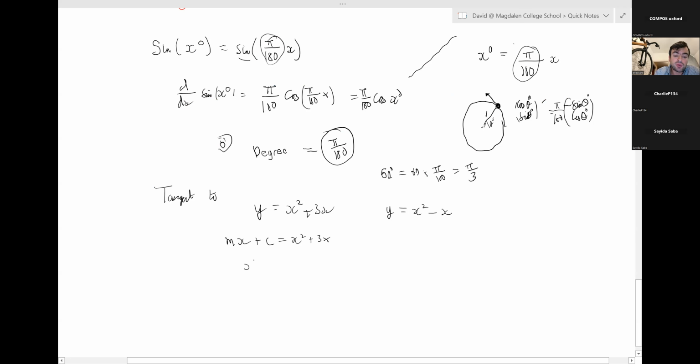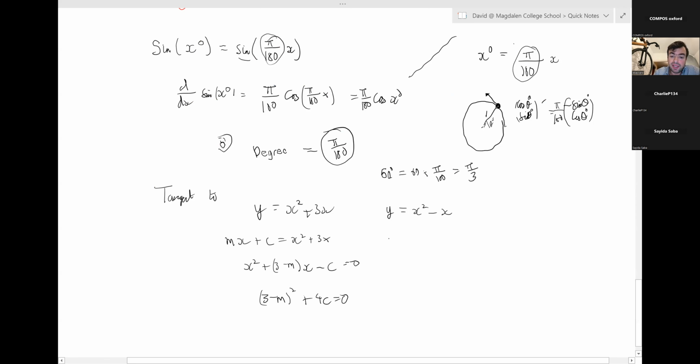So we've got x squared plus (3 minus m)x minus c equals 0. And then you can just get a discriminant: (3 minus m) squared plus 4c is equal to 0.